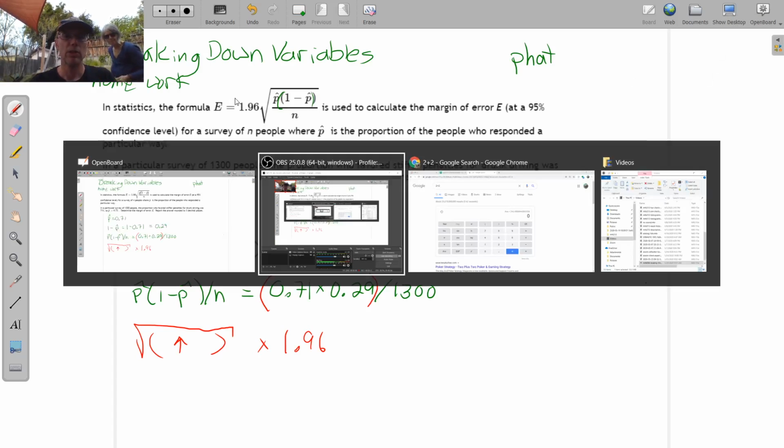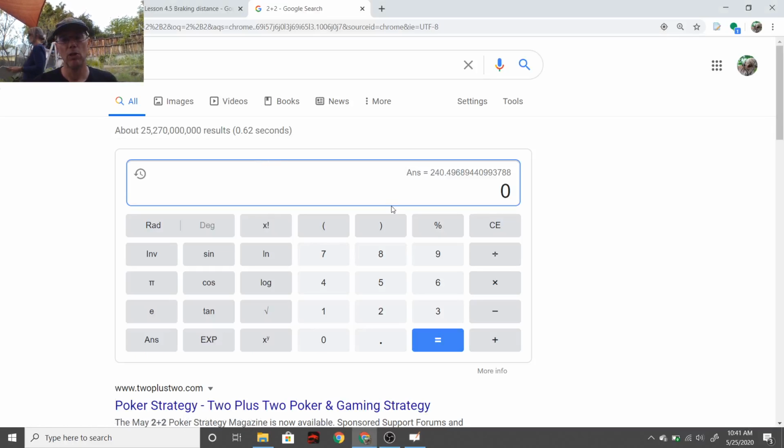Let's see, where's my calculator? There you are. All right, so running through the order of operations here, we said take the 0.71 and multiply that by these. Oh, I always have to make sure I got that 0.29 right.